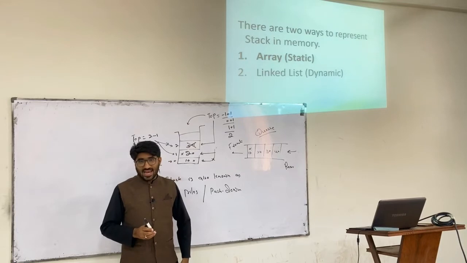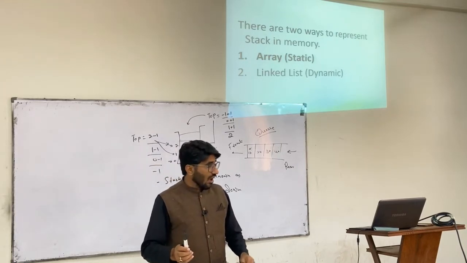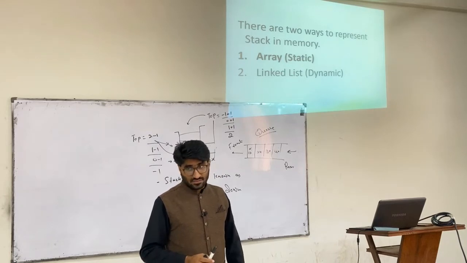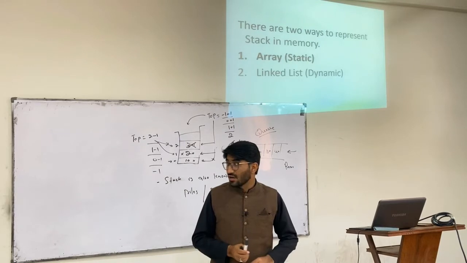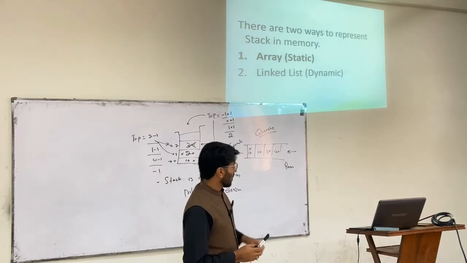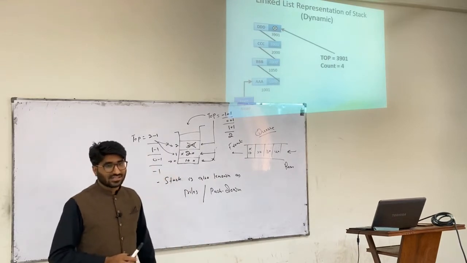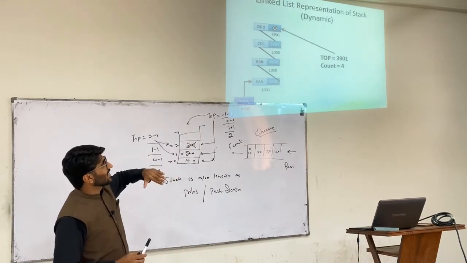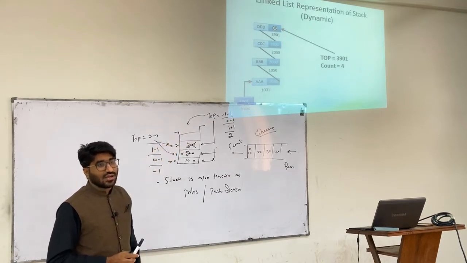So stack is also represented in two ways, using array or linked list. As we have discussed that queue can be represented using array or linked list. So let's talk how stack is represented in linked list. In simple format, this is a linked list, right? You have nodes, data is there, addresses are there.